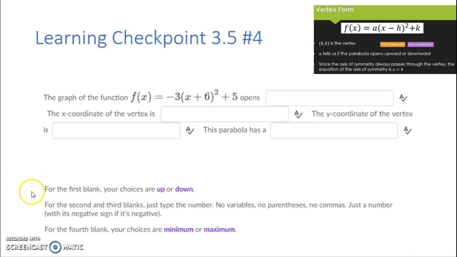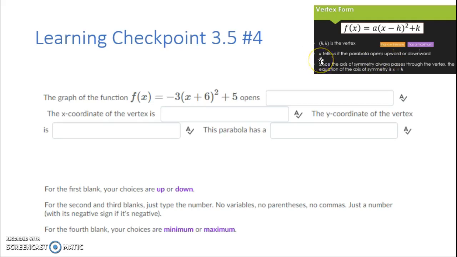For the first blank, your choices are up or down. So for the first blank, you're going to type if this function opens up or down when you graph it. The second bullet point in this little snip right here helps you figure that out. So your parabola opens up when your a value is positive.